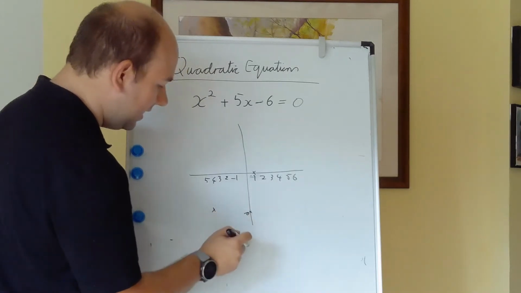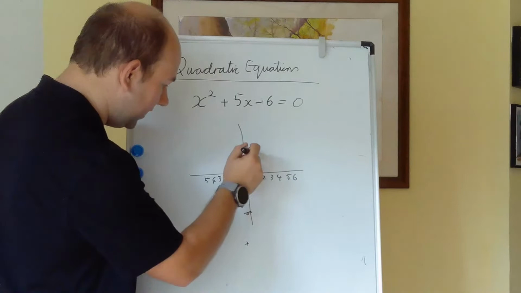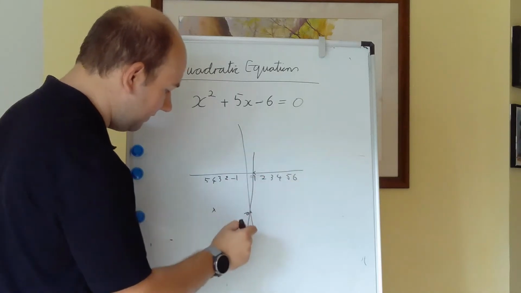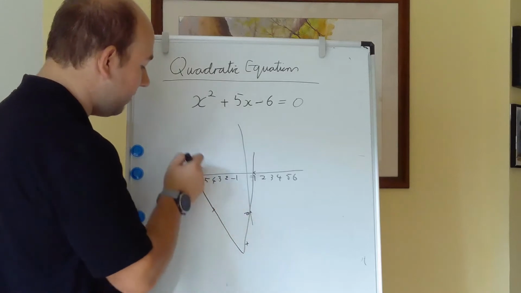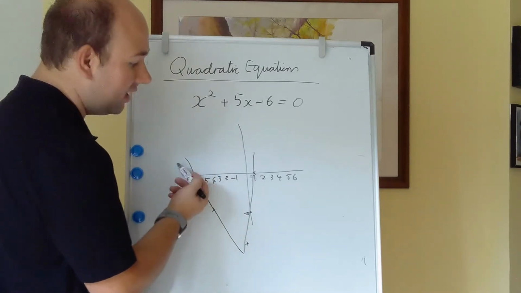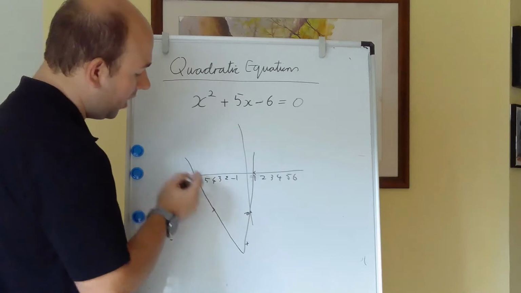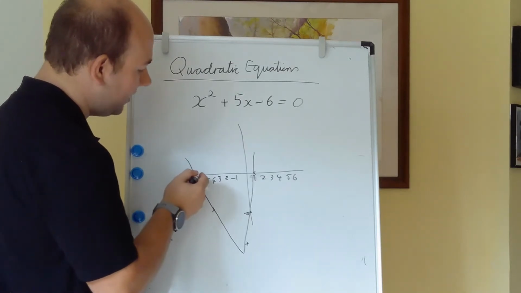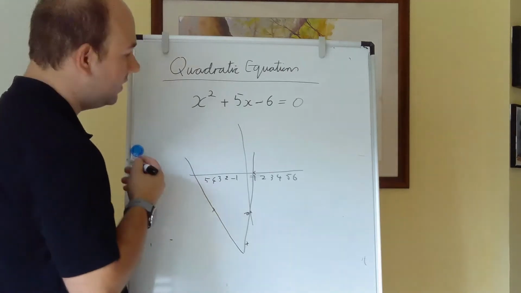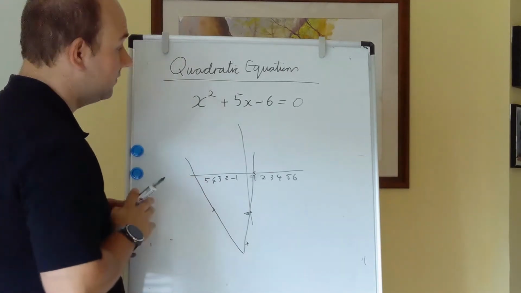You can see that our graph is going to go down to some value. We don't quite know where it finishes, and then we're going to start coming back up again. So we can try and find our other solution by guessing values on this side of the graph.